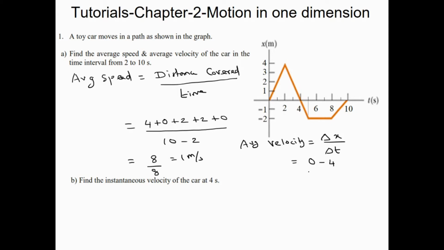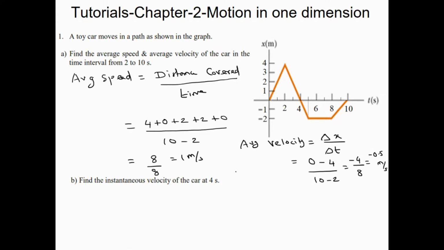So 0 minus 4, divided by the final time t equal to 10 seconds minus the initial time t equal to 2 seconds. So 10 minus 2. The answer is minus 4 over 8, which gives you the value of half. So the value is minus 0.5 meter per second. This is the answer for the first part.